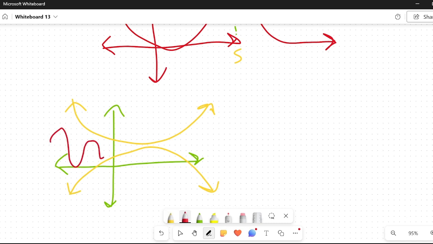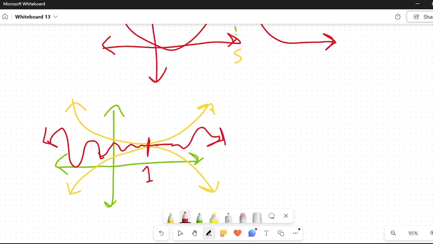But we know it's in between f of x and g of x. Because of that, h gets squeezed between the two functions. So as they approach one value, h will approach that value as well, and that'll be its limit. Let's say this is x equals 1.